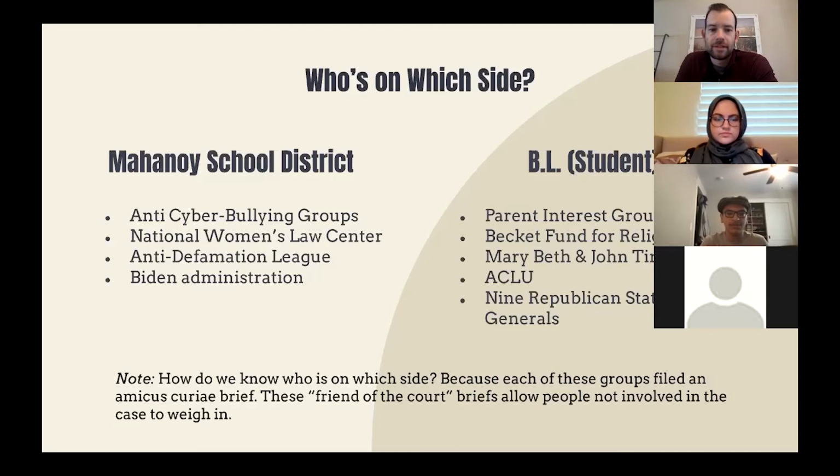The Biden administration went with the school district against freedom of speech outside of school, and the Republican state attorneys general went with the student for freedom of speech outside of school grounds. Yeah, I was not sure which side the Biden administration would fall on until I started reading more. I'm not really too surprised about that.